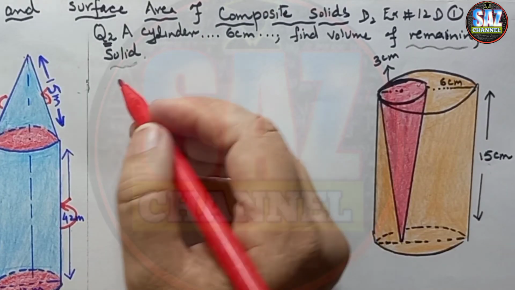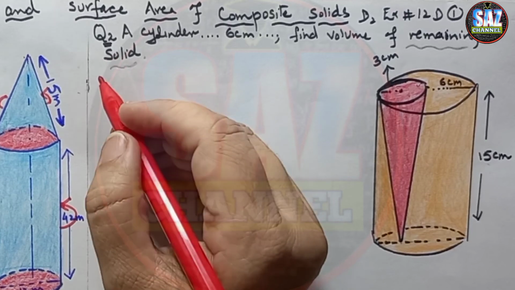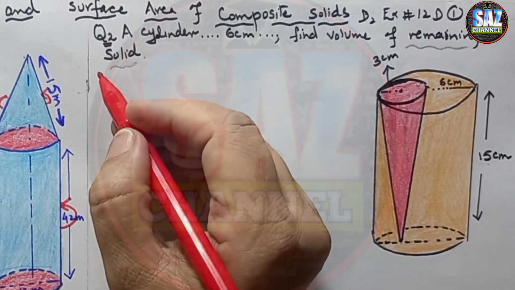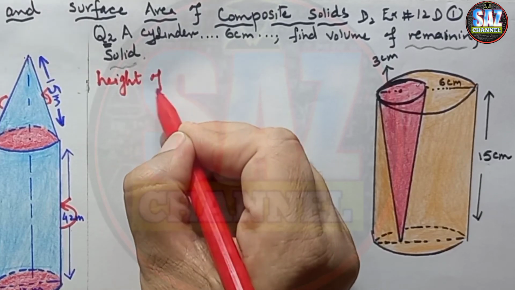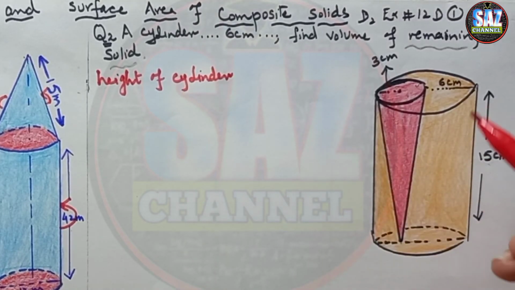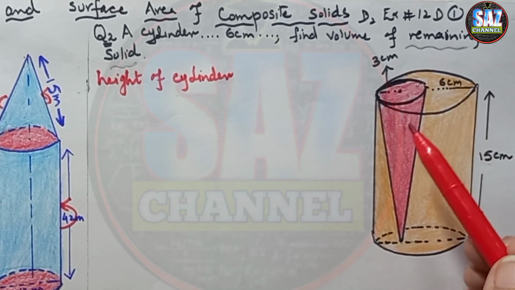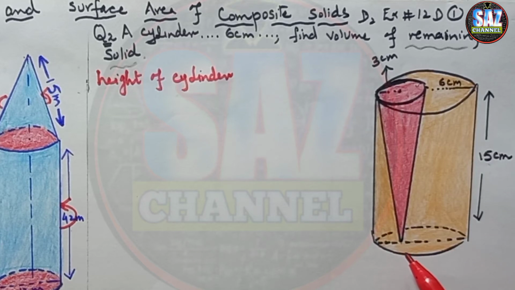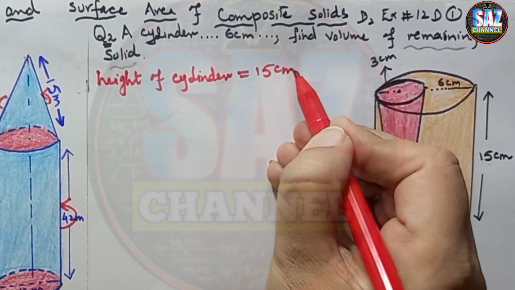As we have to find the remaining volume, let's first write down the small data about the cylinder and cone. The height of the cylinder and cone both is 15 centimeter, because the cone is bored at the top end and goes till the bottom of the cylinder. So the height of the cone and the height of the cylinder remain the same, 15 centimeter.